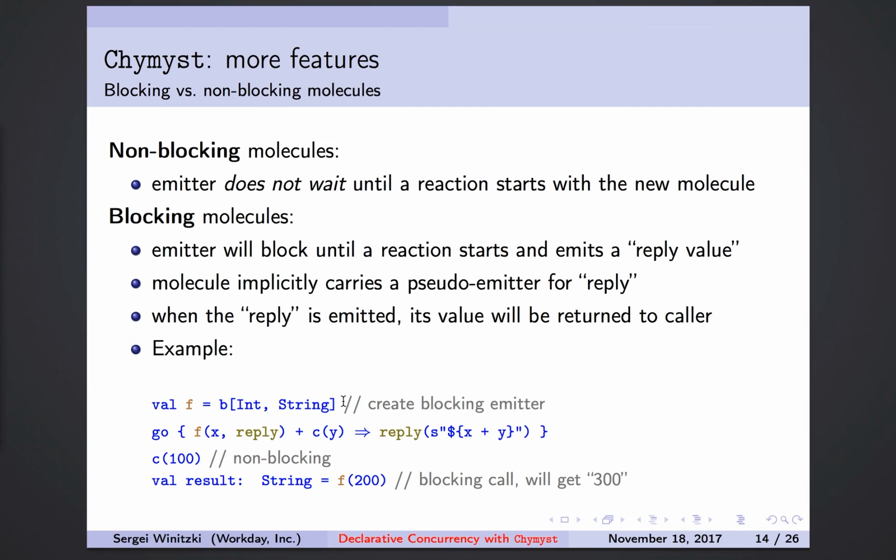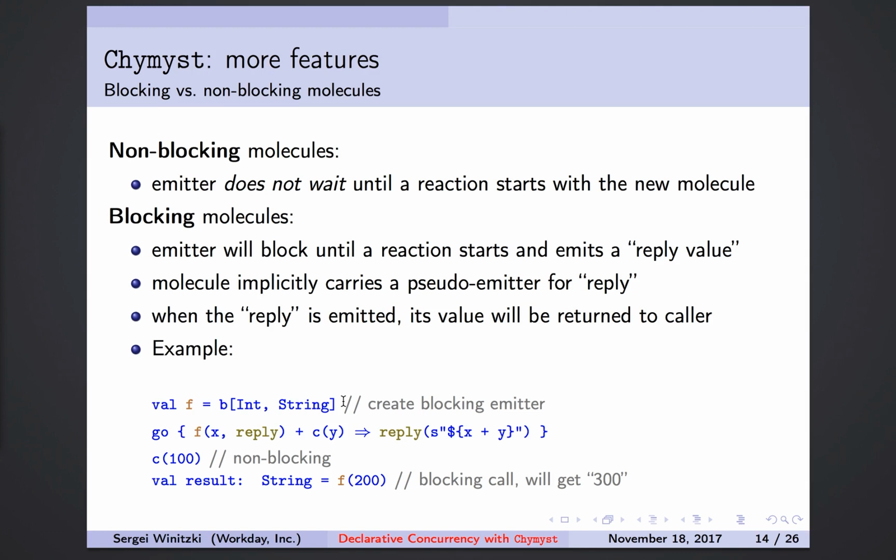The difference is that when you call an emitter for a blocking molecule, the emitter will block your execution until the reaction starts consuming that molecule. The emitter call will block also until the reaction replies to the caller. So there is this concept of reply value, which I will illustrate right now.